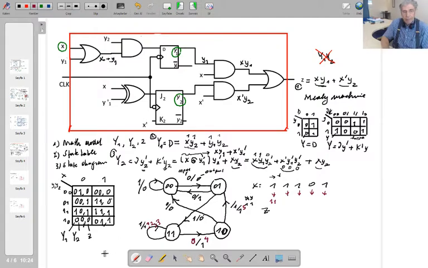Okay. Now let me write the next state as well. My present state was this at the beginning. And then for the first clock pulse, I am in here now. Beginning here. First clock pulse here. Second clock pulse here.